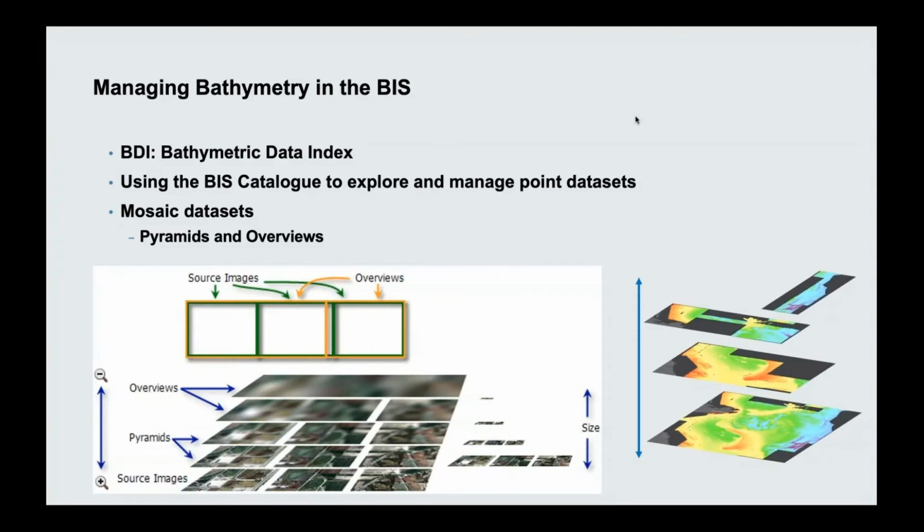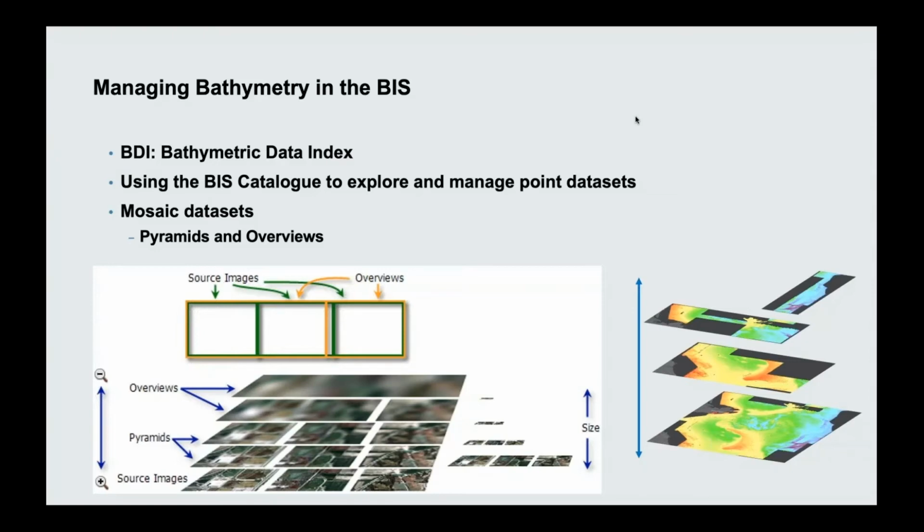This mosaic dataset references bathymetry raster data and all its supporting tables, including all the internal metadata, the extended metadata, and also we can create metadata for collections of bathymetric datasets. So that's the BDI.